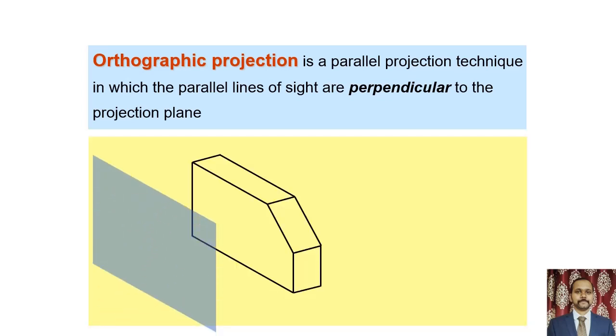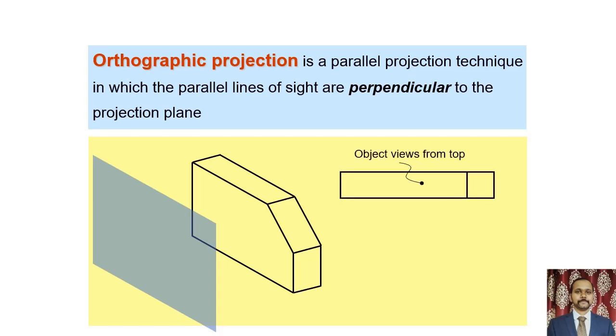If you take this example again, we are going to see this object in different ways. We can see the top side of the object, the front side of the object, and the right side of the object. According to which side we are looking at, we have to draw the different views.